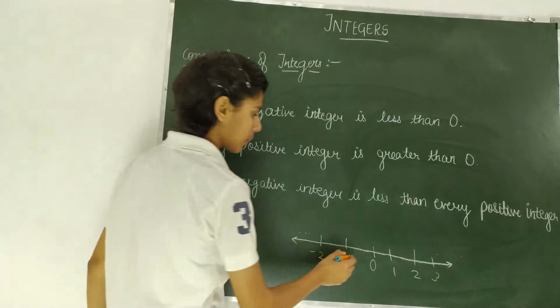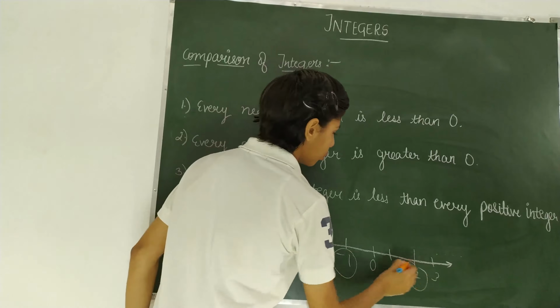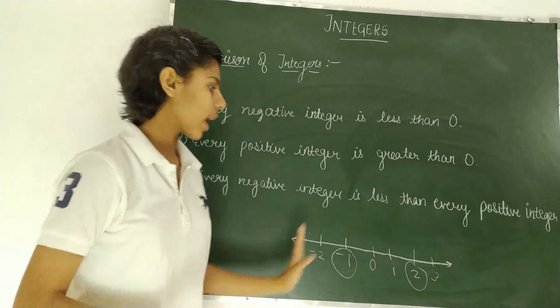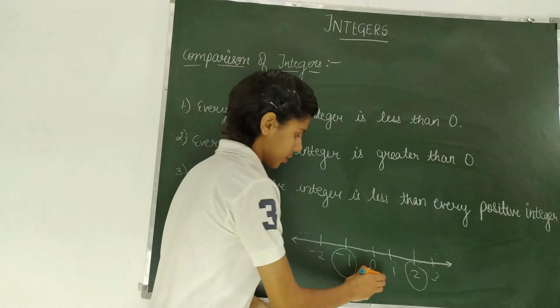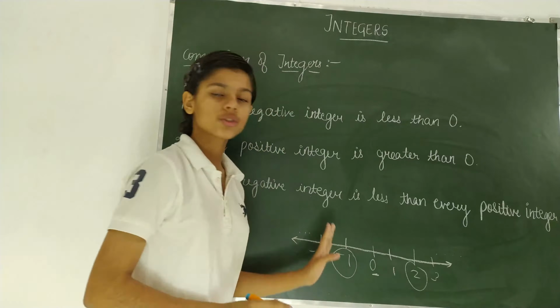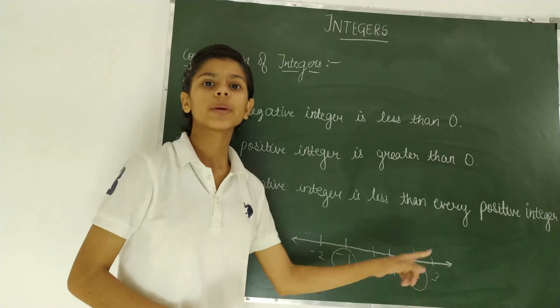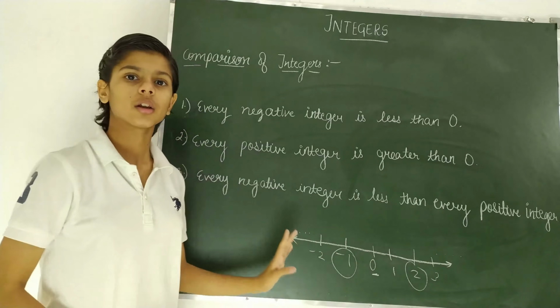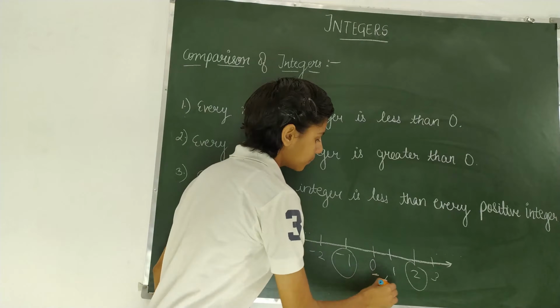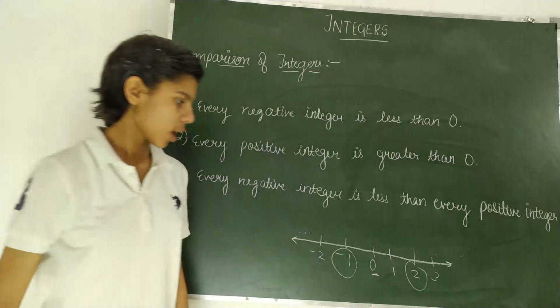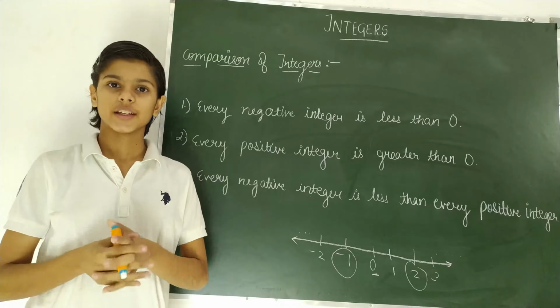If we are comparing -1 and 2, you can consider 0 as a center point. The numbers on the right side of 0 will be greater than those written on the left side. So obviously 2 is greater than -1. Like this you can compare integers.